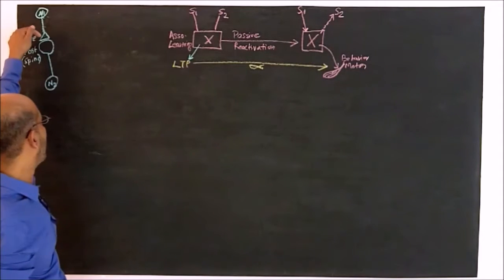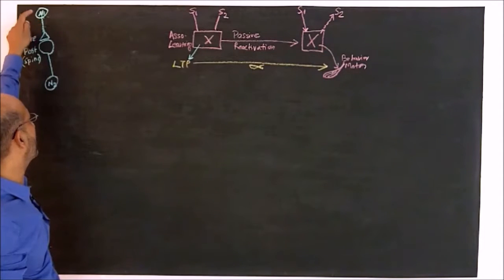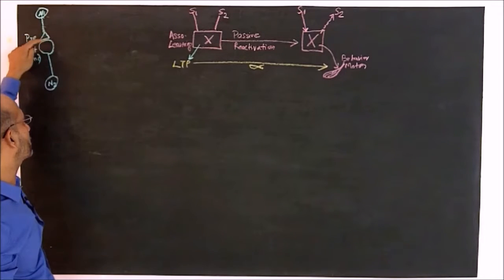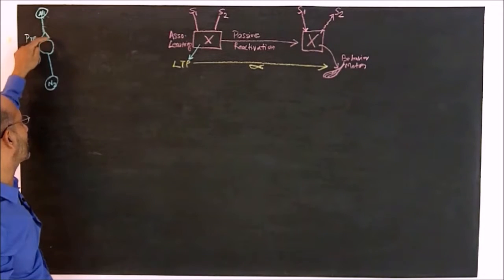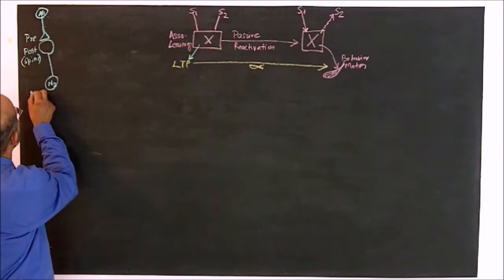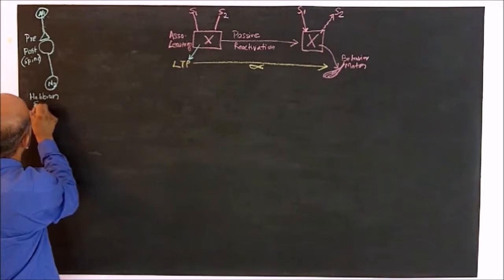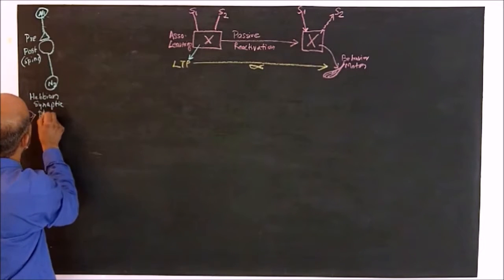Professor Hebb postulated that when the axon of a neuron N1 is repeatedly stimulated, some type of growth processes or biochemical changes are taking place at the synapses. So those changes at the synapses were called Hebbian synaptic plasticity changes.